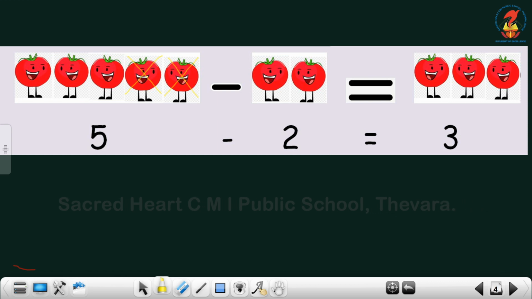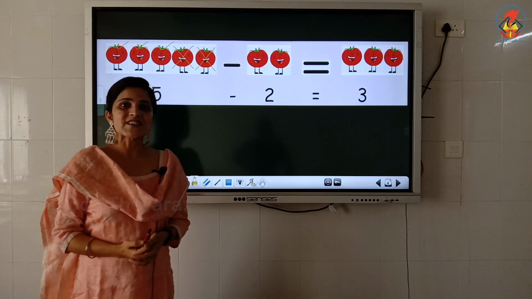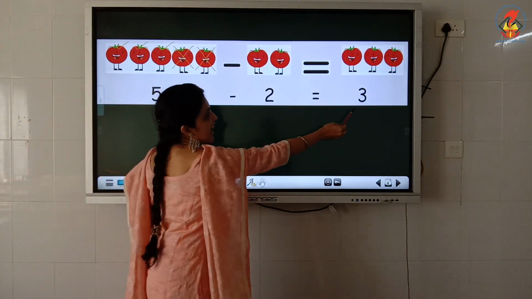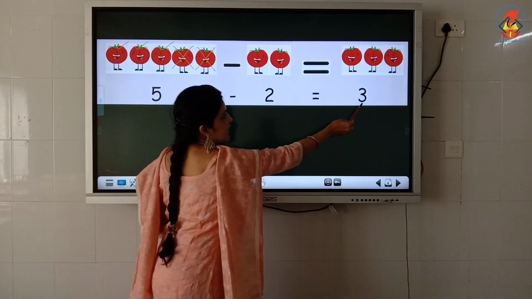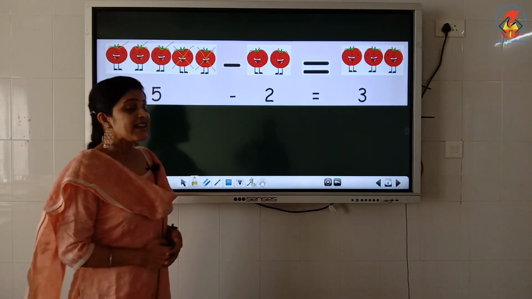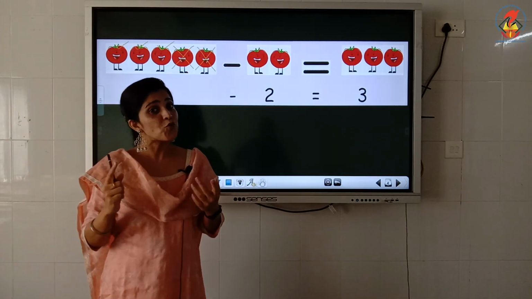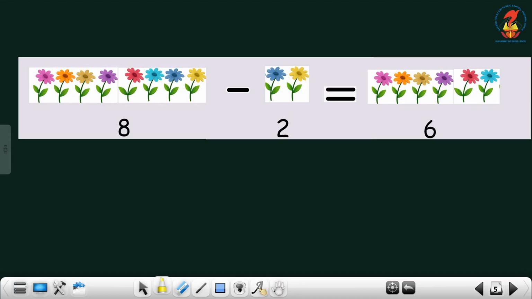Now, how many are left over? 1, 2, 3. 3 tomatoes are left over, and that is the difference, which is written after equals. Now, we'll look at one more example. We have 2 sets of flowers.